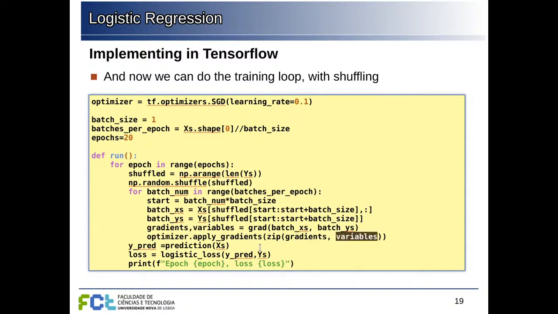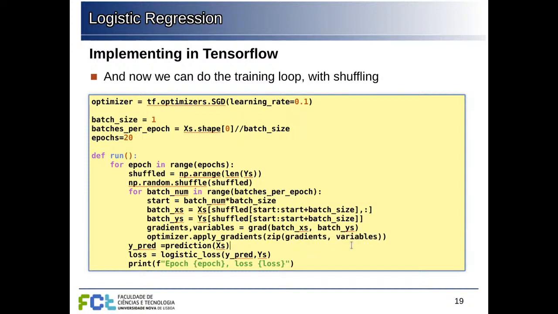So as long as we have the gradients in the same order as the variables, we can easily pack these together and send to the optimizer. And now the optimizer will change these variables as a function of the gradients for the variables.